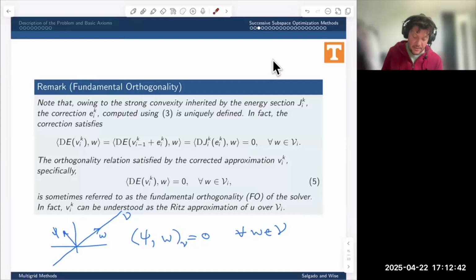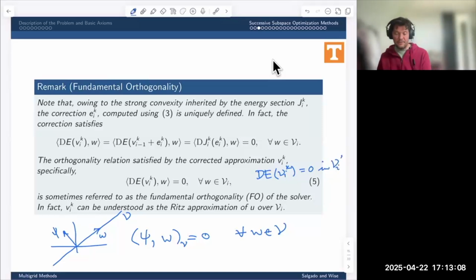Now notice that this orthogonality relation is with respect to this subspace, V_i. So this is always perpendicular to everything in V_i. Another way of saying this is that dE at V_i^k is the zero in V_i prime, the space of linear functionals on V_i.